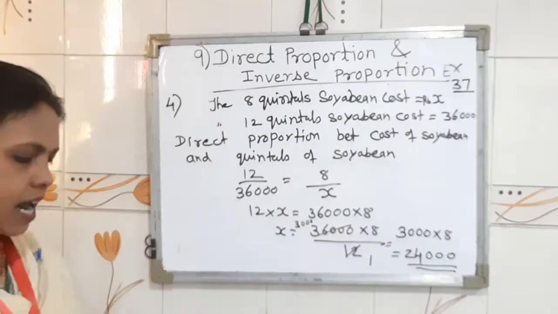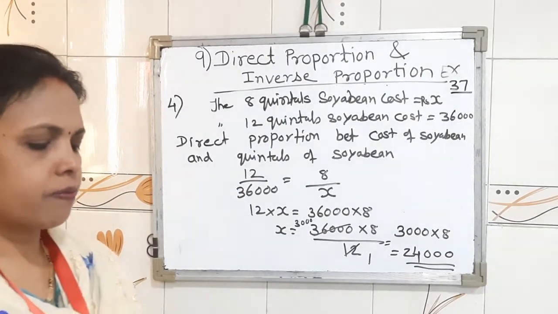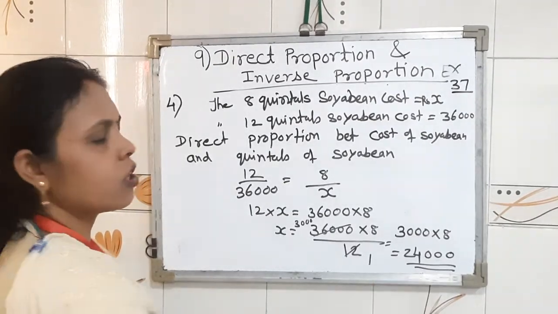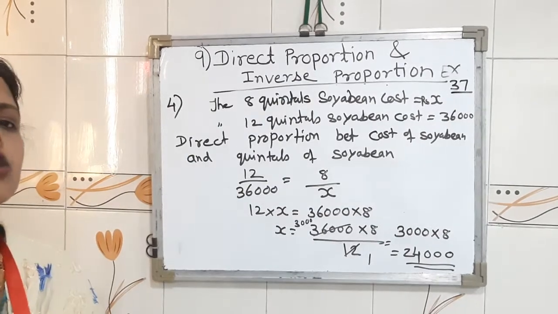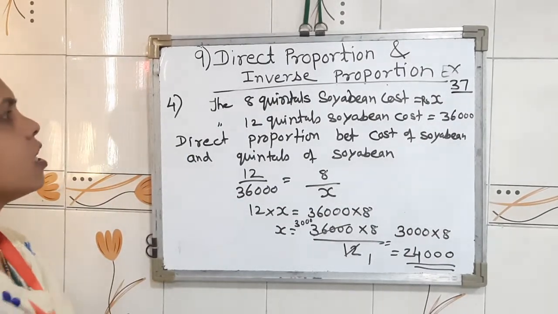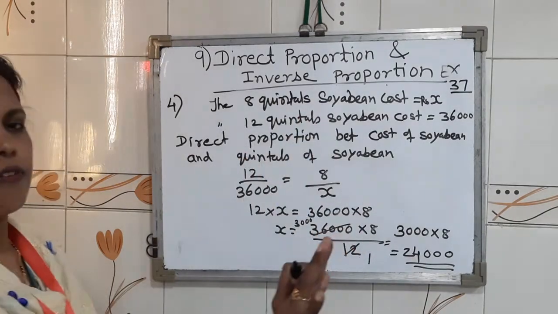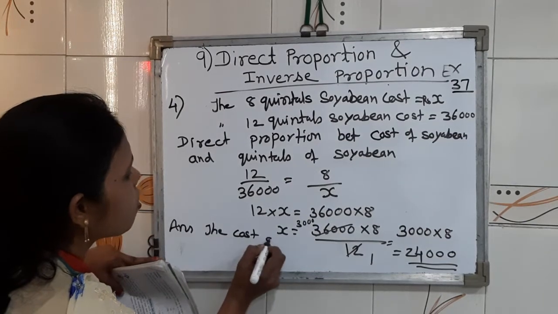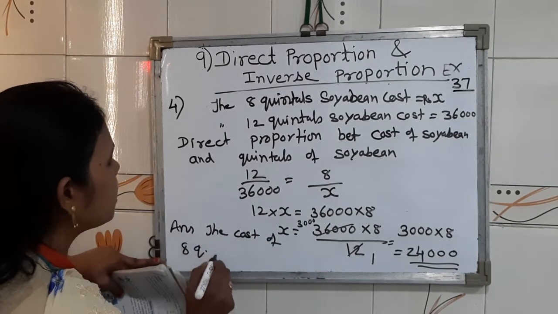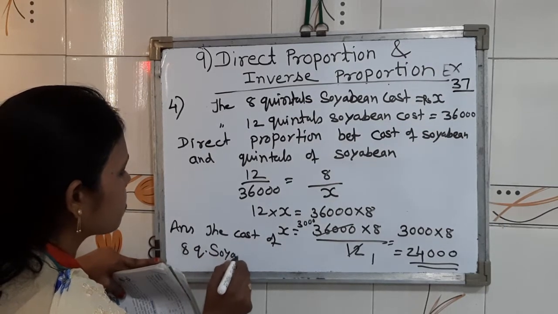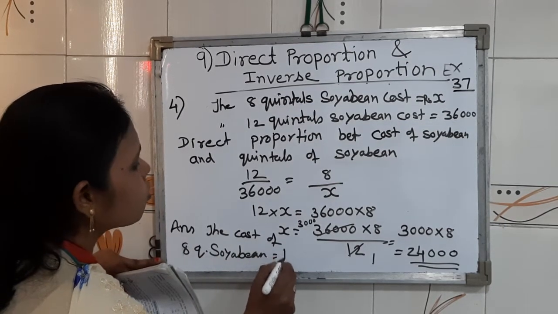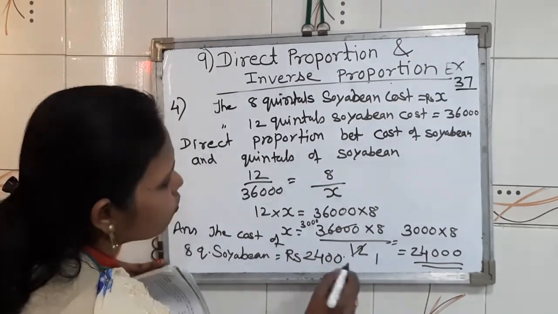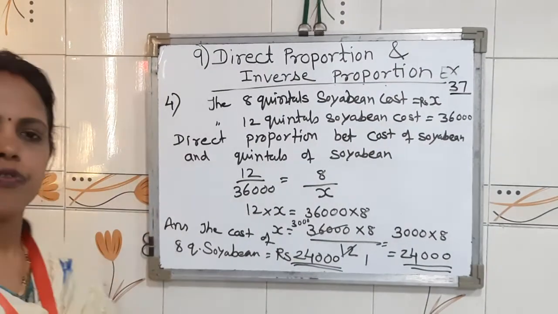Therefore write the cost of 8 quintal soybean equal to rupees 24,000. Sorry, I said 2,400, it is 24,000.